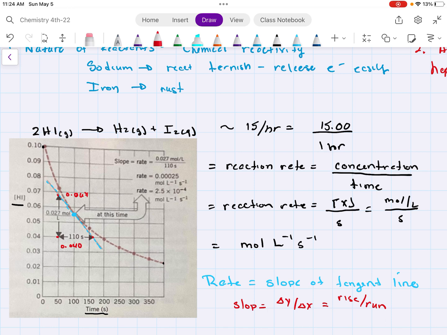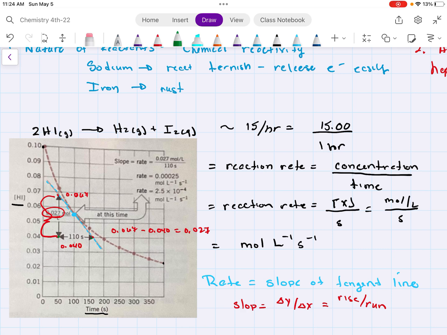If you take that difference, which is 0.067 minus 0.040, you end up with 0.027. So the change in the y-axis is represented by that 0.027, and then you can see here that the difference between here and here is labeled at 110 seconds.